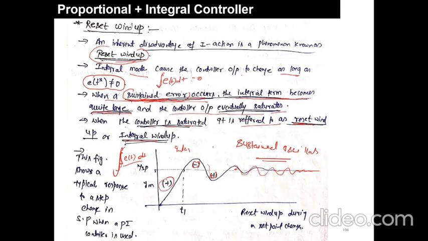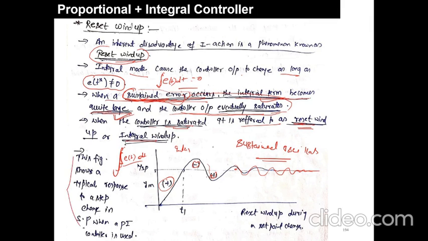The controller keeps running until this becomes zero. If a sustained error occurs in the system, the integral term will continue until its value becomes very large. Due to this large value of the integral, the controller output saturates, and this saturation phenomenon is known as the reset windup or the integral windup.